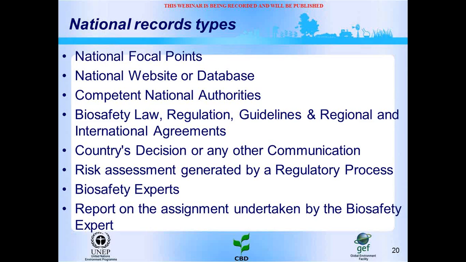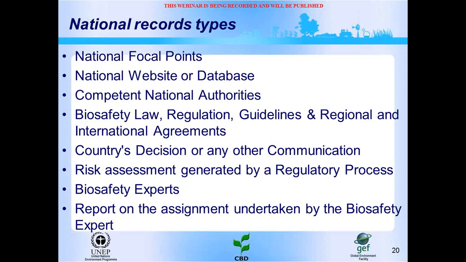These are the main subject of the Cartagena Protocol. When a country takes a decision about the release, for example, the release to the environment of an LMO, or about the import of LMOs for human food, feed or processing.